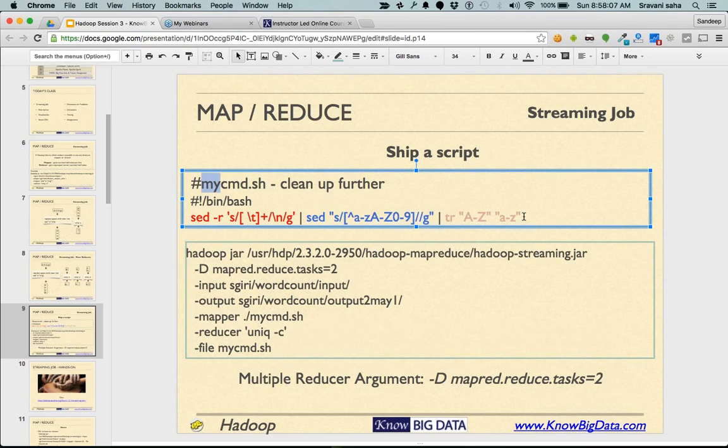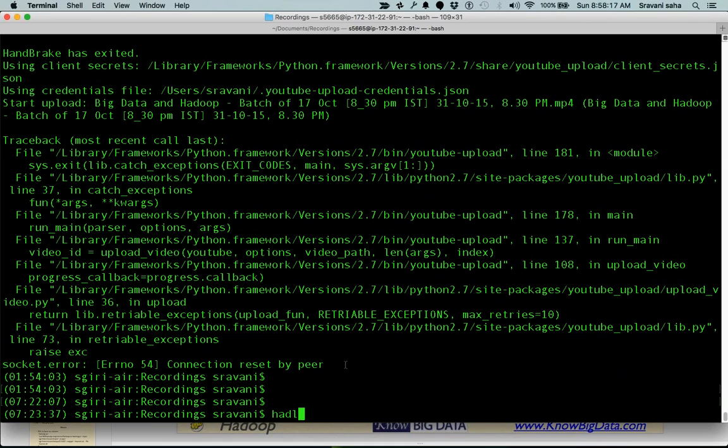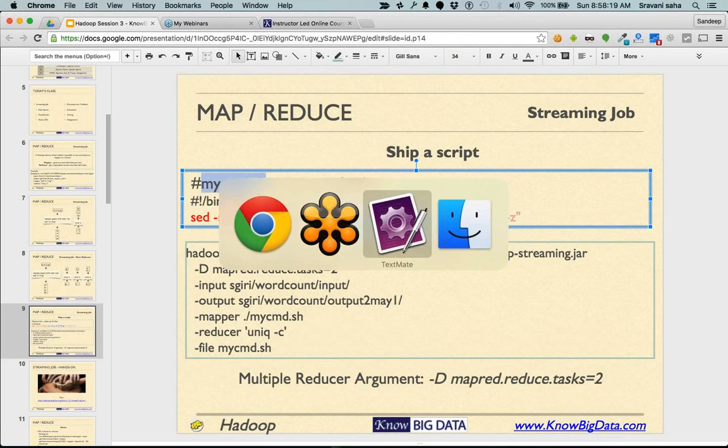All right, are you able to hear me? Because there was a power fluctuation.